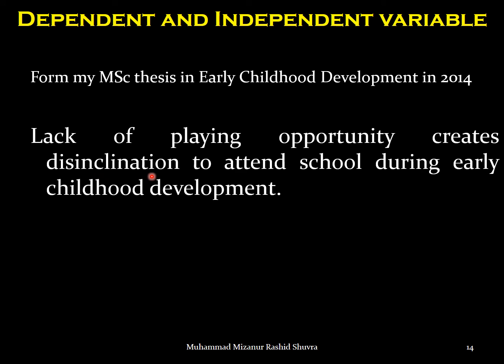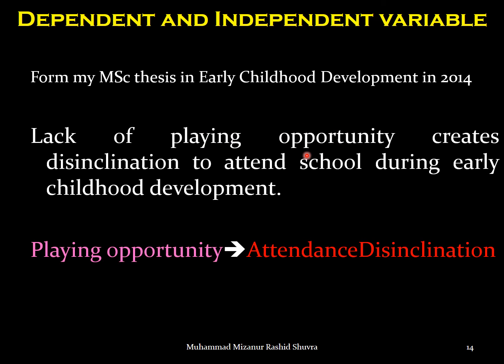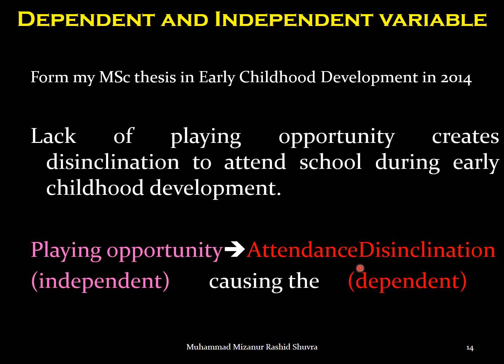So this is the effect that you're looking at. So disinclination must be dependent on lack of playing opportunity. Lack of playing opportunity, I'm sorry, gives attendance disinclination, and therefore independent and dependent variable.